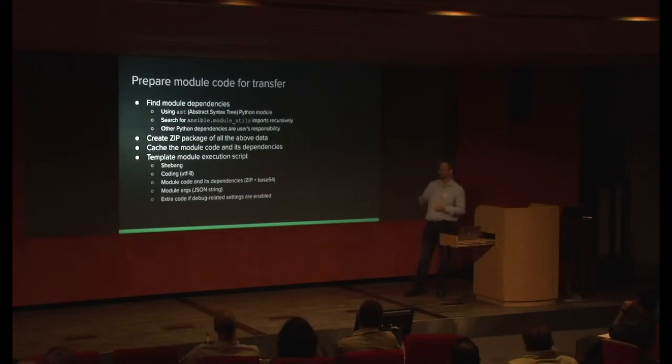There are also a few more lines of code if debugging of the remote side is enabled. Otherwise, it's not included, to save space and bandwidth on the transfer to the remote side.